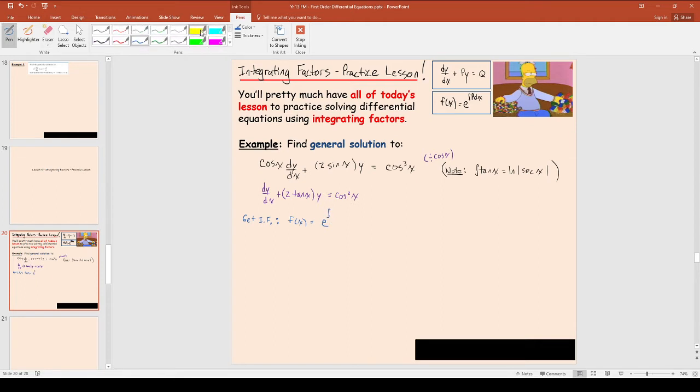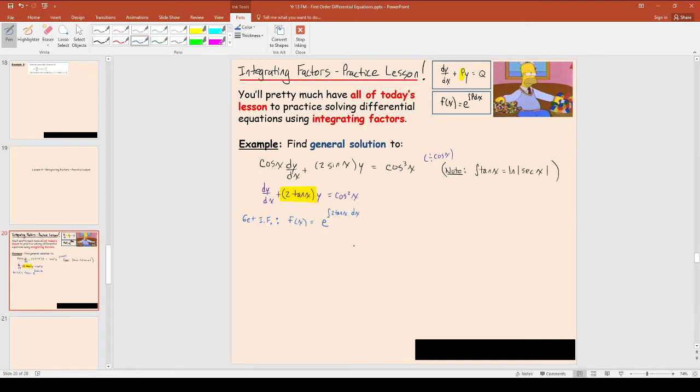Remembering that p in this equation is whatever's touching the y. So we have 2 tan x. This is going to be e to the integral of 2 tan x dx.